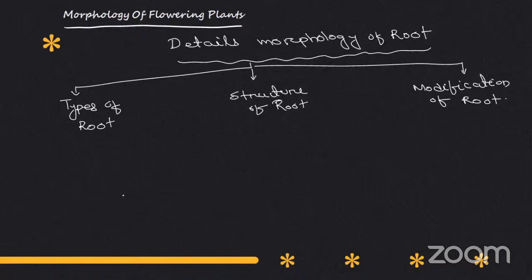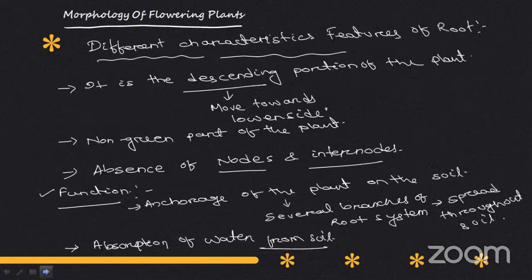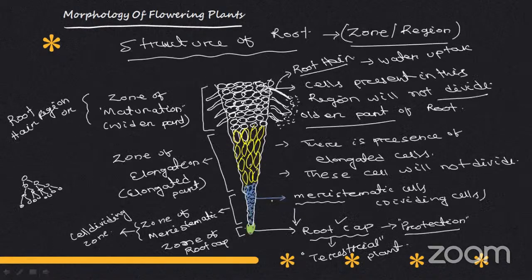In the last class we discussed the different zones of the root. In case of your root there is the presence of 4 different zones. The first one is the zone of maturation, the second the zone of elongation, the third the zone of meristematic cells, and another one the zone of root cap. This part we discussed in the last class.